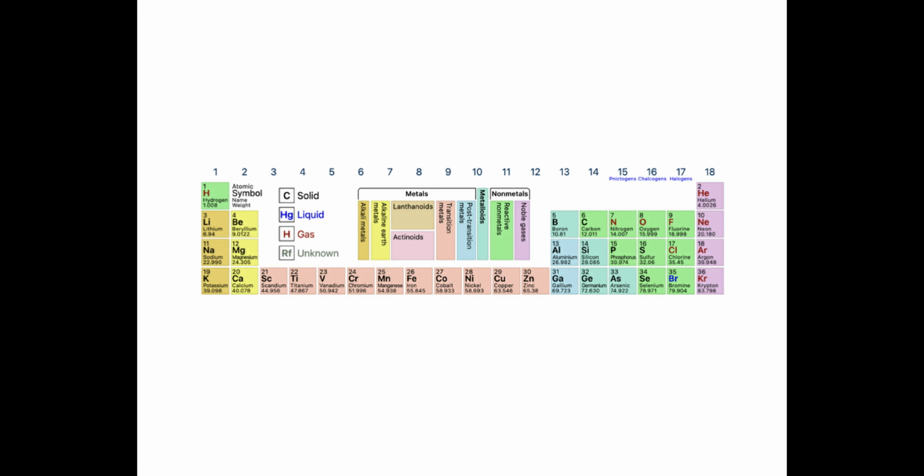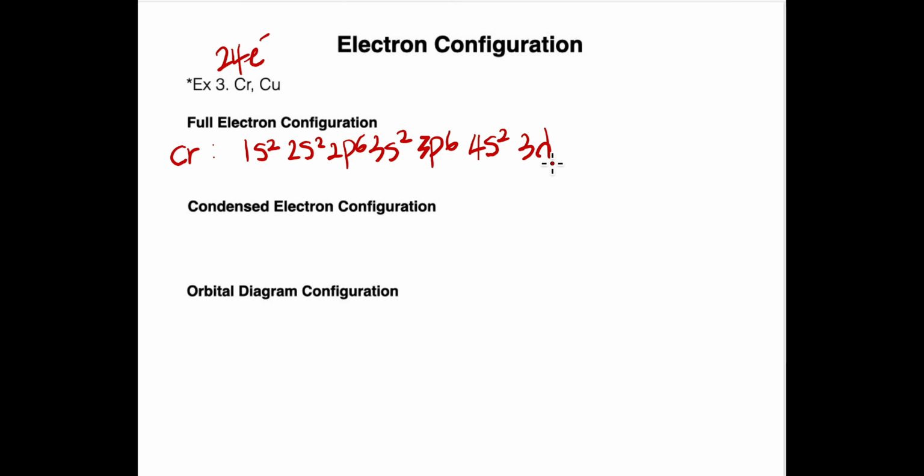Let's first look at chromium. Looking at the periodic table, we can see that the atomic number of chromium is 24. So 24 electrons will occupy chromium. Now let's write the full electron configuration of chromium. Students will typically fill in the electron configuration of chromium like this. However, this is incorrect.